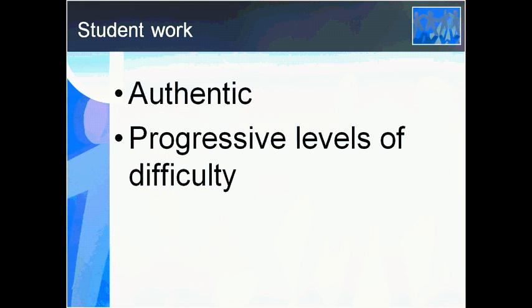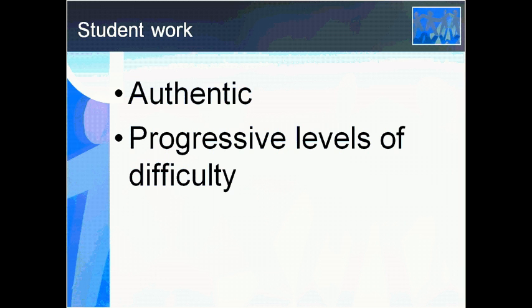When we assess student work, the student work that we should assess should be authentic, which is the best quality of data we can have of student work. By authentic, I mean if it's related to the real world.